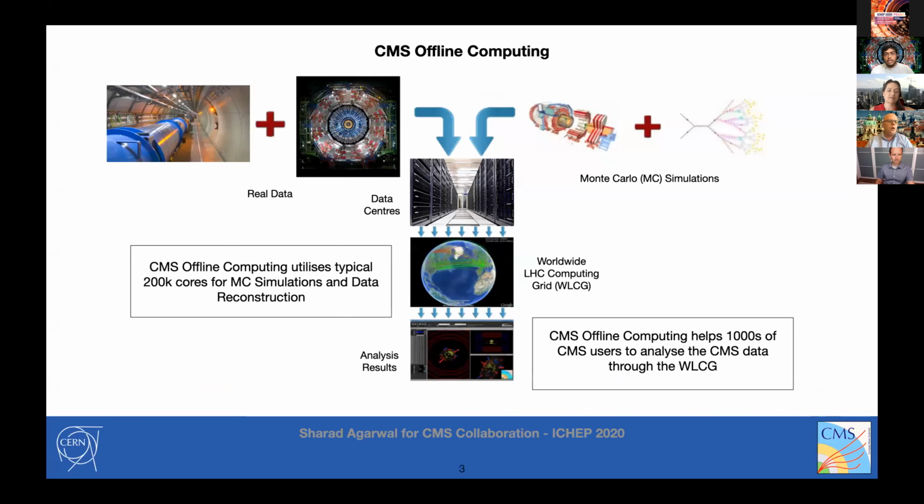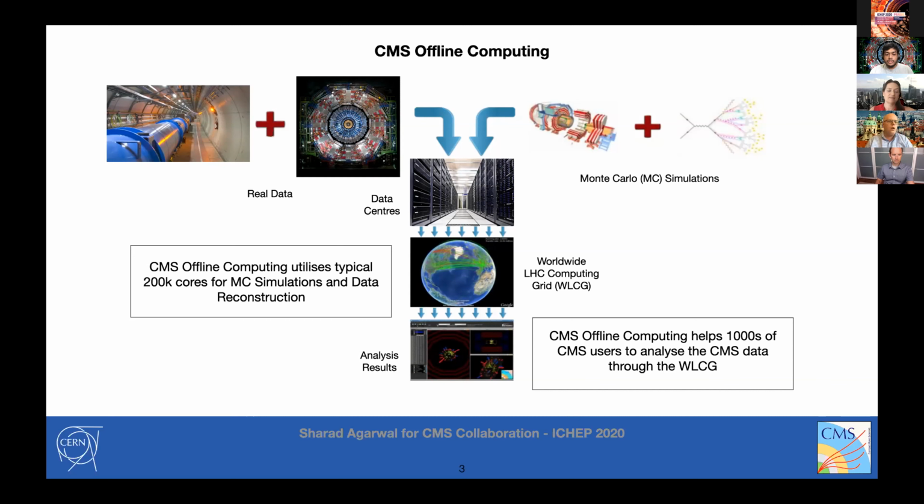A little bit about CMS offline computing. The data that comes into CMS offline computing comes in two ways: the real data coming from the experiment and the Monte Carlo simulations. All this data goes to the data centers, and then we do different data reconstructions over the WLCG, and the data is sent across different sites through the WLCG, and the final output data sets are produced.